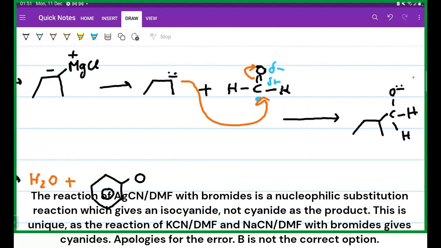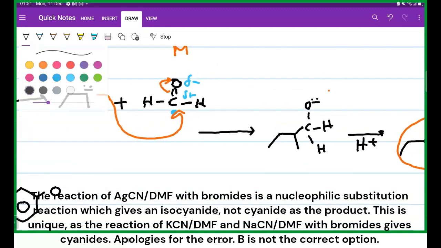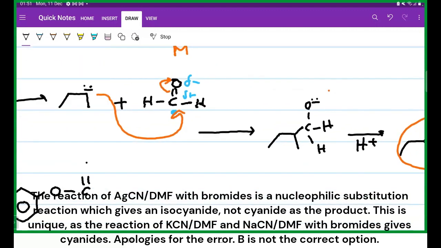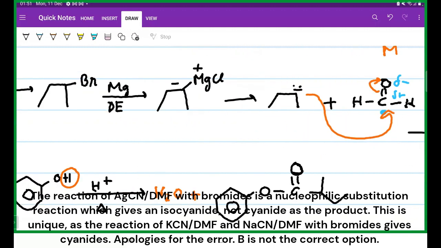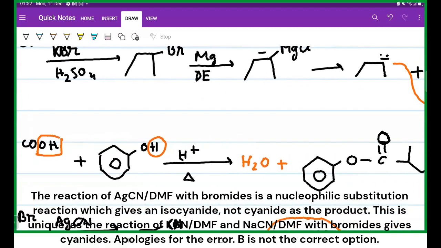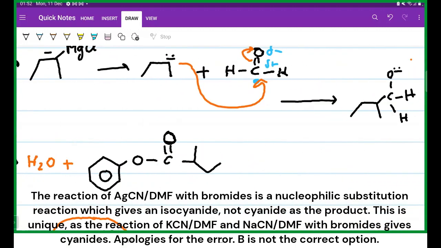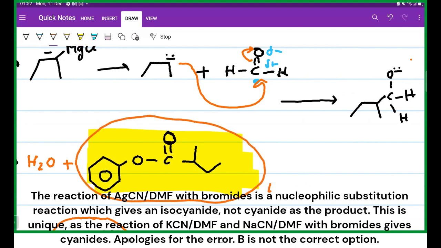C double bond O. Yeah, I guess that's the product. So this is the product L. This entire thing over here is L, right?